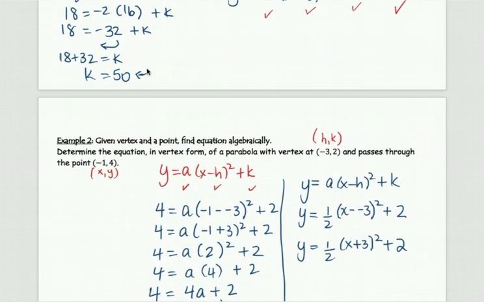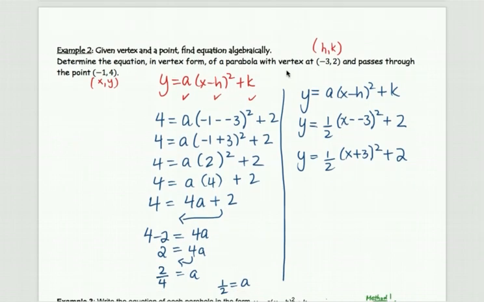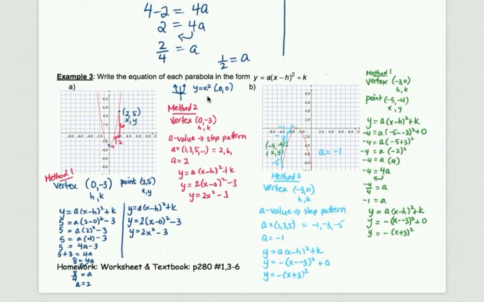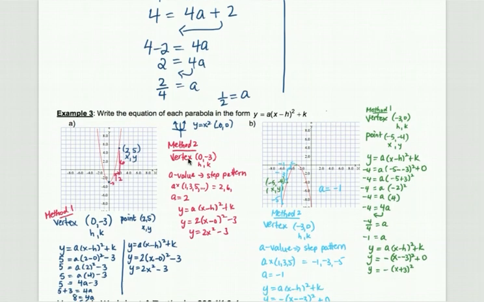If we have a couple pieces of information, fill everything in. There's always one letter that's left, and then you can solve for the letter. So basically go from a picture of a graph to the equation with all these different methods that I showed you. Once you get really good at that, that's good.